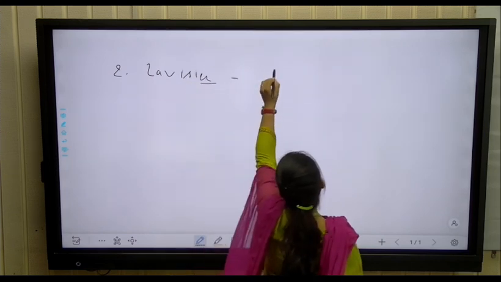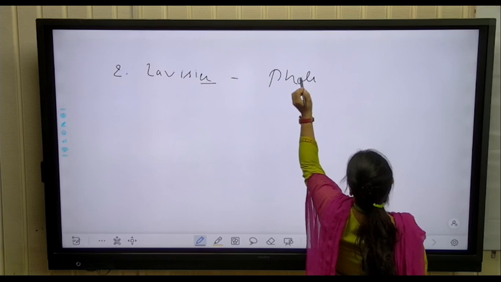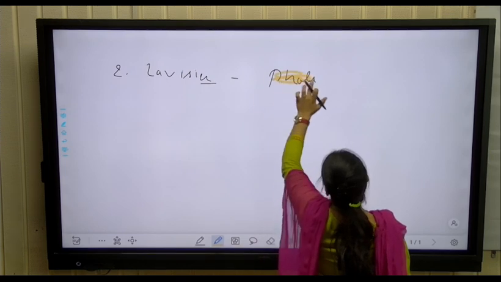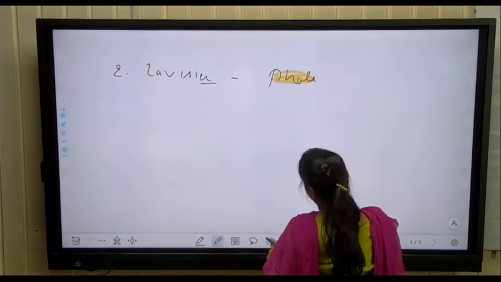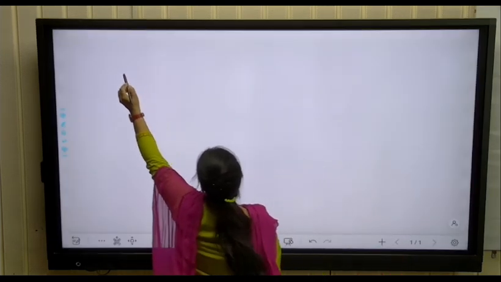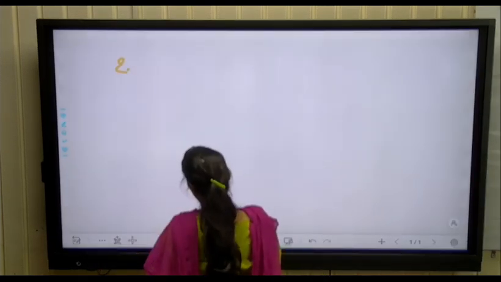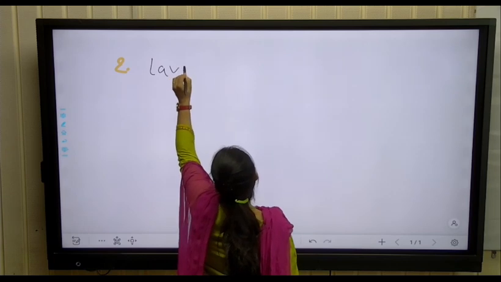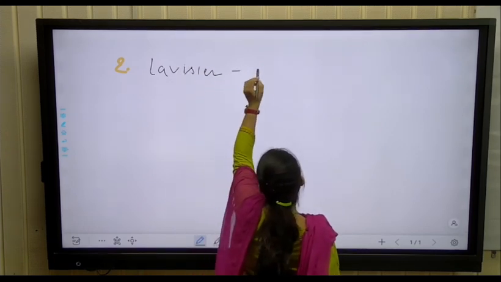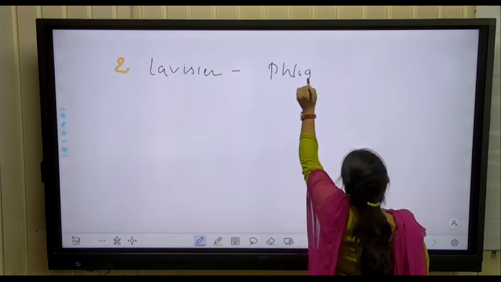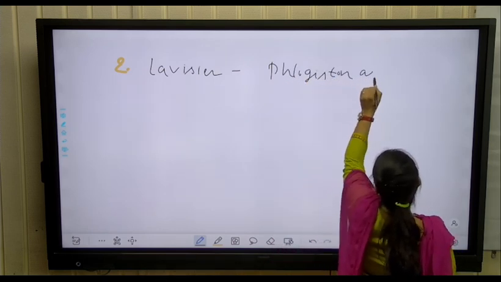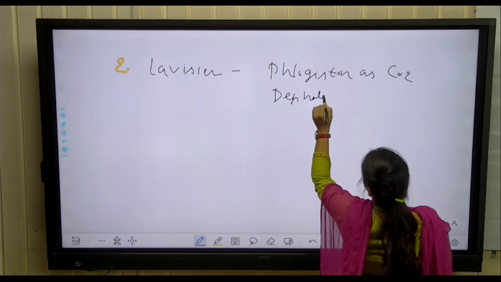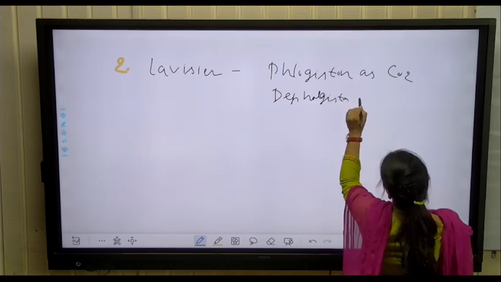He identified phlogiston as CO2 and D-phlogiston as O2.